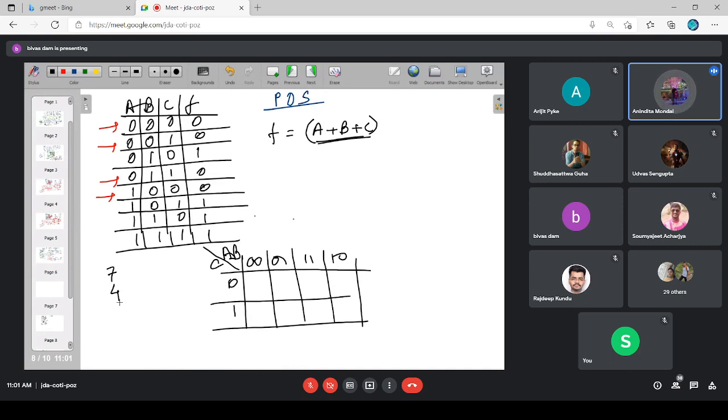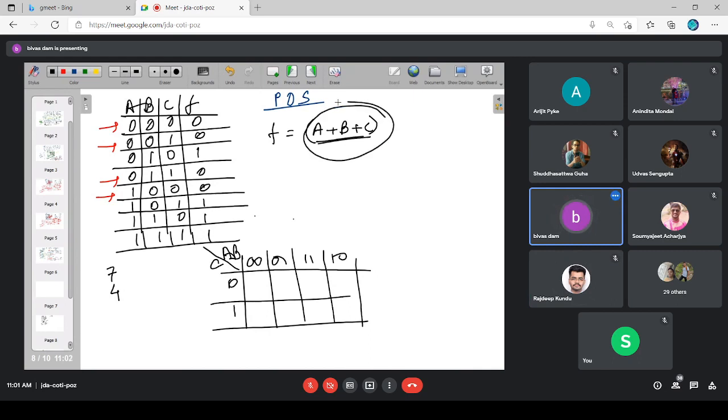So logic 1 or logic 0? Logic 1. How many cells in the Karnaugh map will get occupied by logic 1? Seven. Okay.